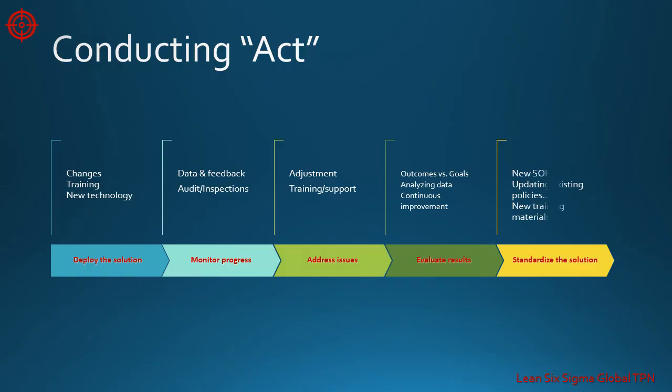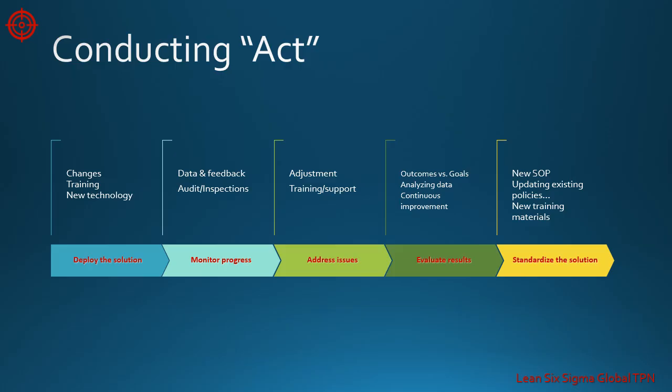This may involve creating new standard operating procedures, updating existing policies and procedures, or developing new training materials. For example, the company standardized the IVR system by creating new standard operating procedures and updating their customer service policies to reflect the new system.